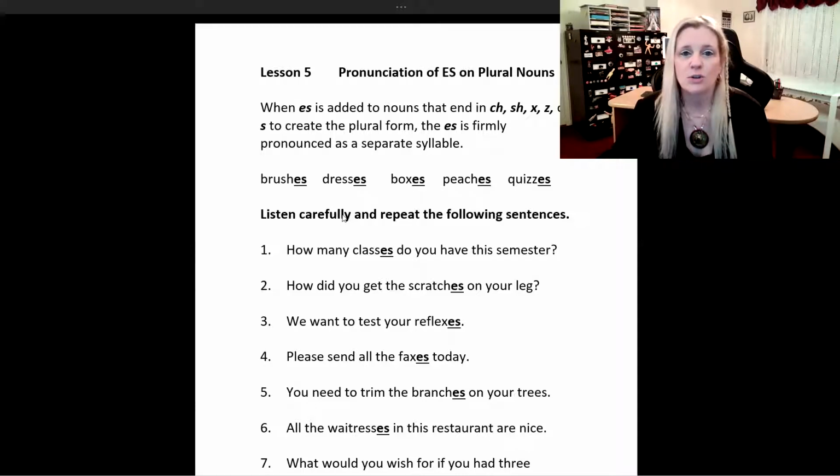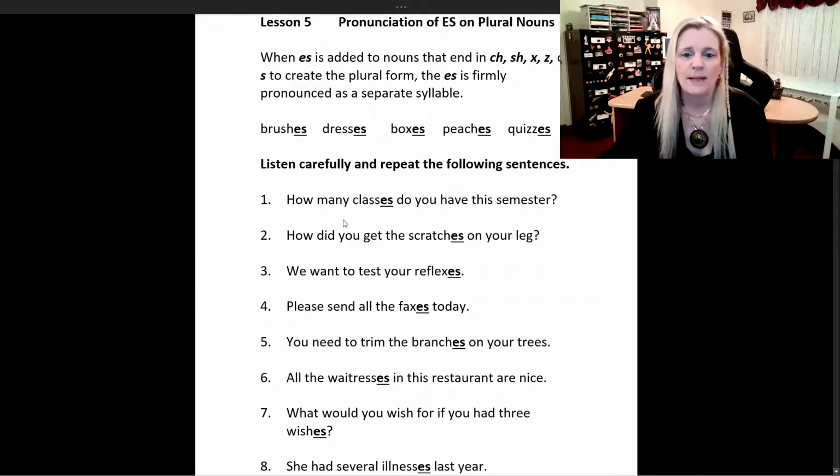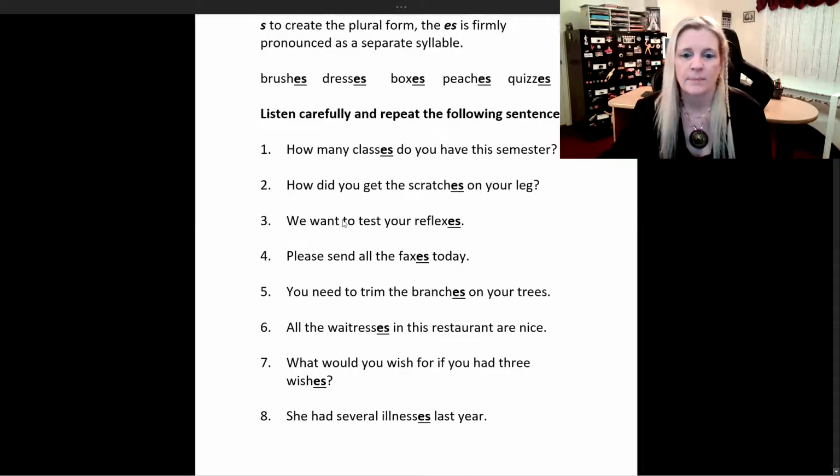So now let's do some practice sentences. Listen carefully and repeat the following sentences after me. How many classes do you have this semester? How did you get the scratches on your leg? We want to test your reflexes.